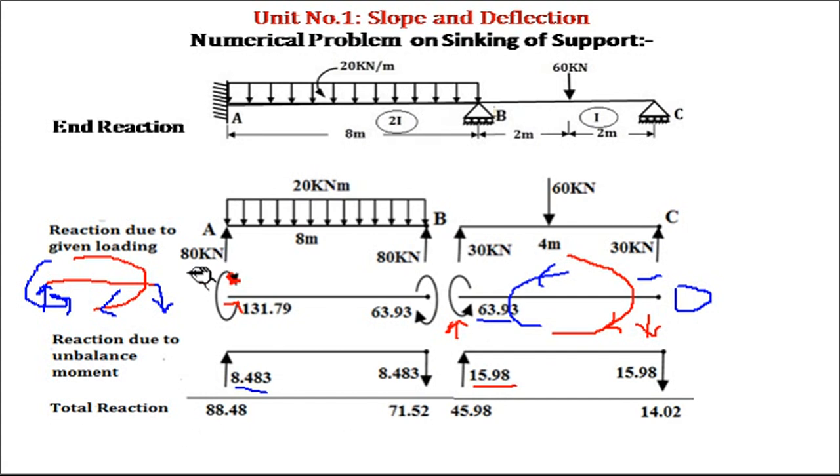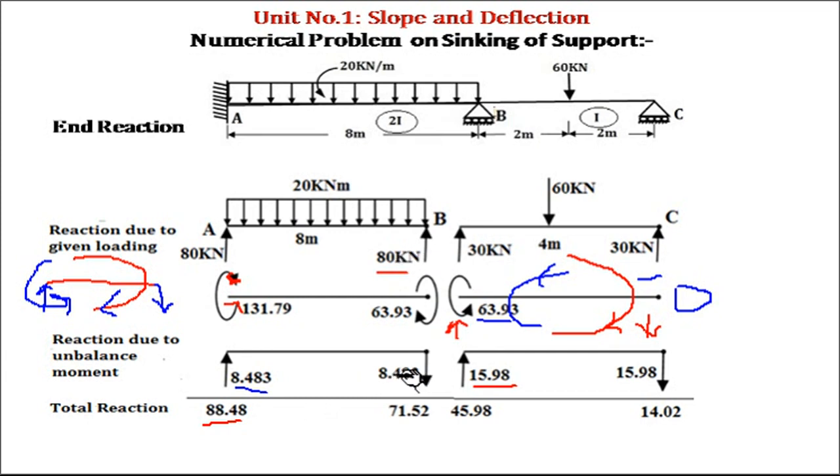So here it is acting upward, so positive 80. Here also it is acting upward, so positive 8.483. So 80 plus 8.483, the value is 88.48. Okay, now at joint B, here it is acting upward 80 kilonewton, plus here it is acting downward, so minus 8.483.